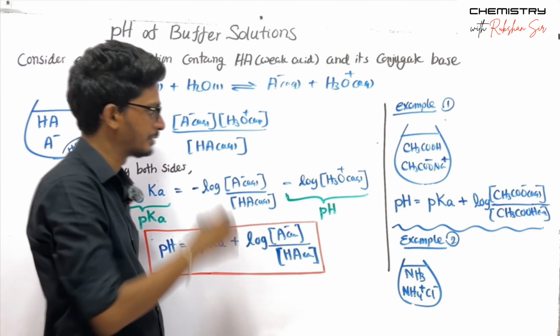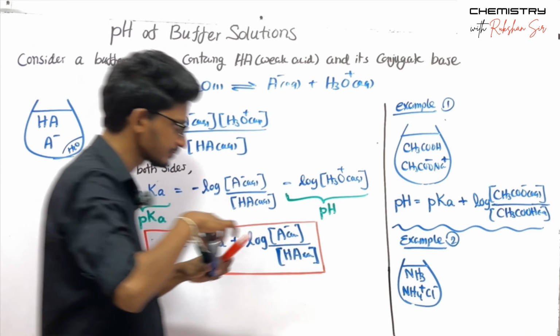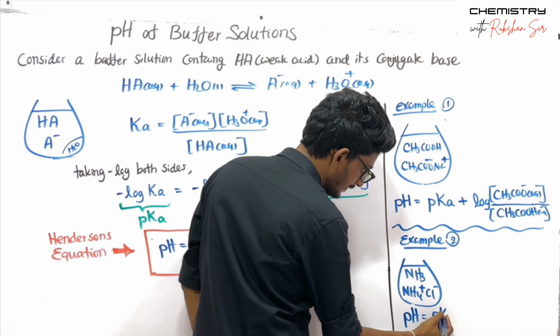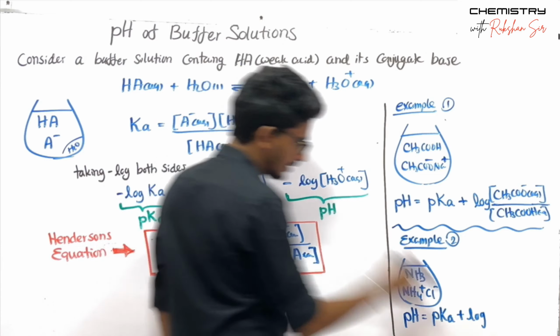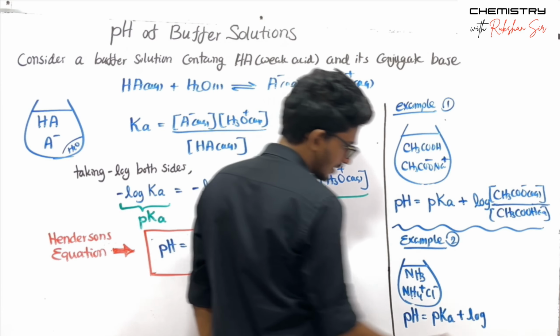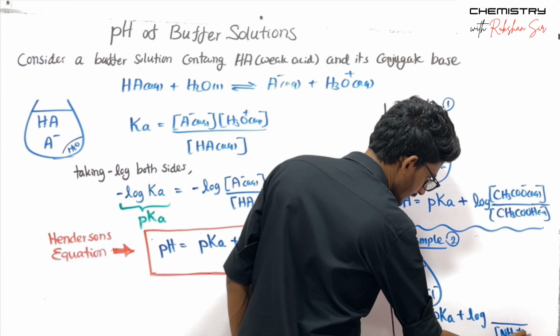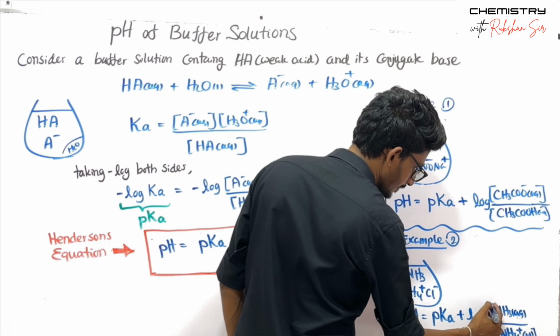So how do we write the Henderson-Hasselbalch equation? pH is equal to pKa plus log, at the bottom you have the acid. Out of these two, the acid is NH4 plus. So NH4 plus at the bottom, and at the top is the conjugate base, the base of the conjugate pair.